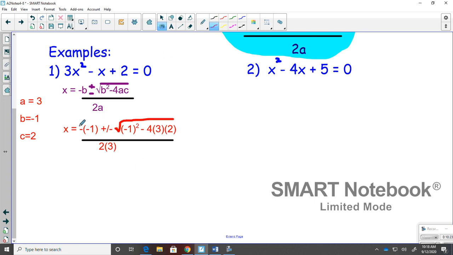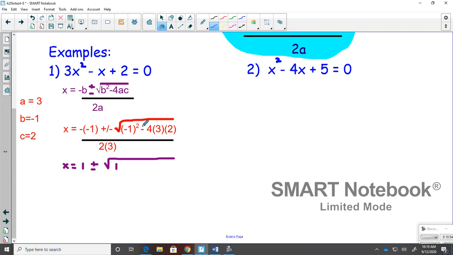I'll go ahead and just simplify this piece and call it x is equal to negative 1 becomes positive 1, and then plus or minus, and then you're going to stick with the square root symbol. You're going to do PEMDAS underneath, so powers first. Negative 1 times itself. That's why it's important to use parentheses here. Negative 1 times negative 1 is positive 1.